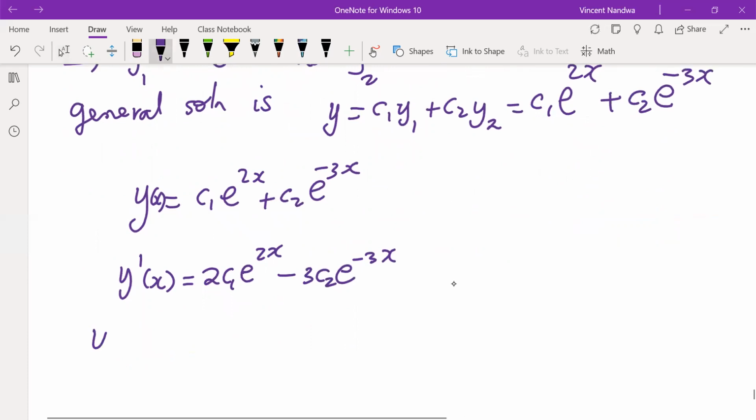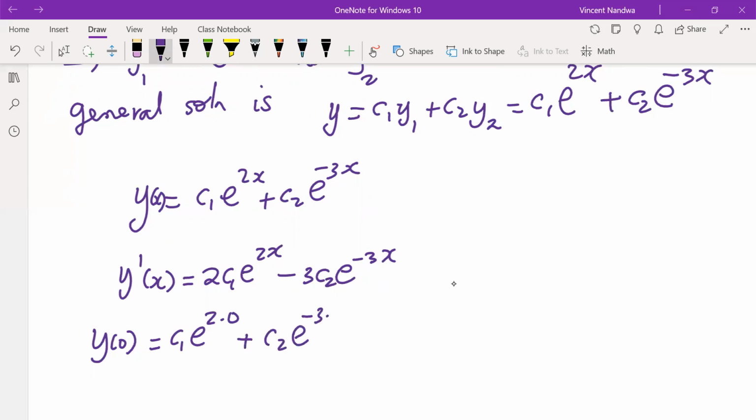So when x is 0, we'll have c1 e raised to power 2 times 0 plus c2 e raised to power minus 3 times 0, which is c1 plus c2, and this should give us 1.